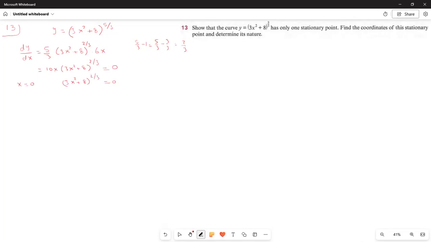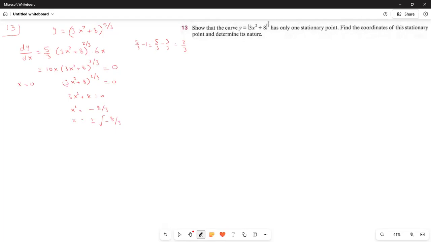Okay, so from the second solution, you can see that 3x squared plus 8 has to be 0, and this will give you x squared equals minus 8 over 3, and x is equal to plus minus the square root of minus 8 over 3.